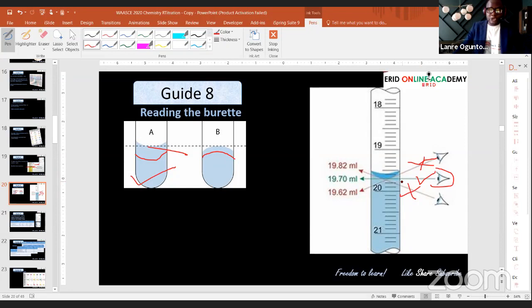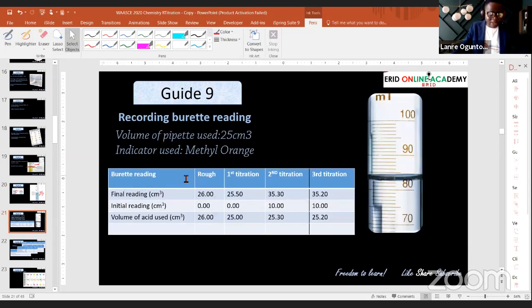So don't put your buret somewhere and look at it from the top like this, you get a wrong result. Don't look at it from below. Some students will put the apparatus on the stool, and you get a wrong result. Make sure it's always parallel to your eye. That is going to get an accurate result.